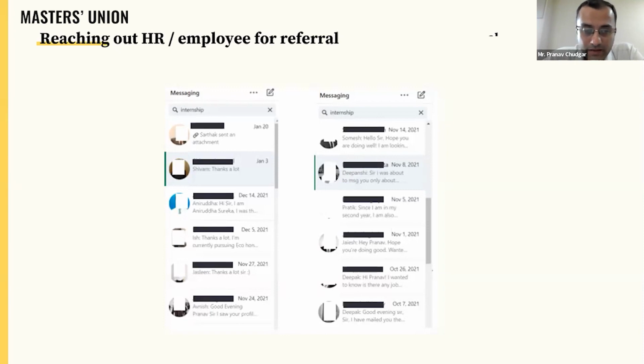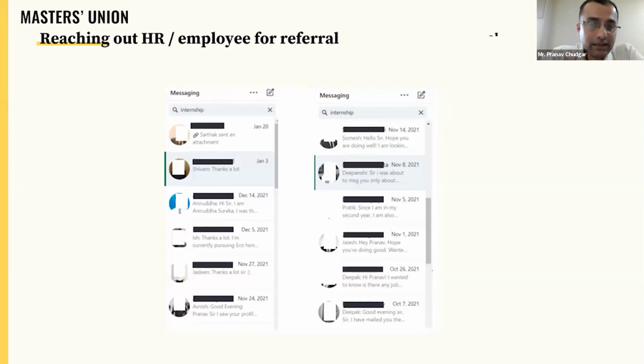These are my messages between October and December, and you can see the number of messages I got. This is just an extract, where students or existing working professionals messaged me saying, is there an opening in EY? Here is my CV.